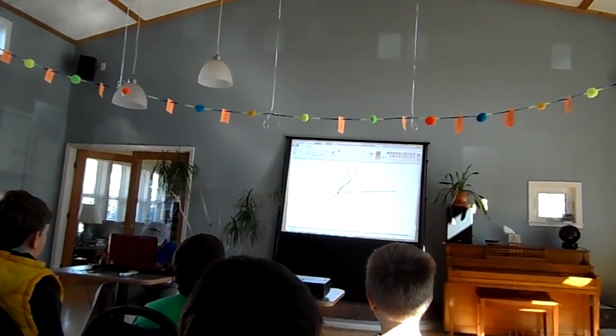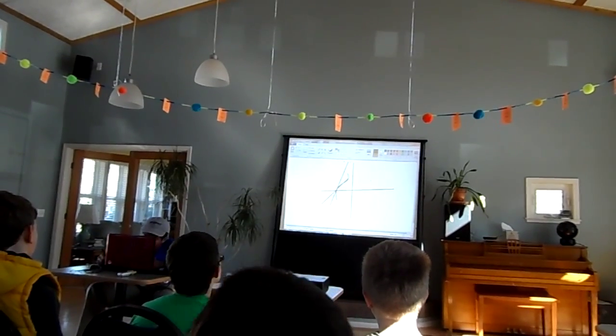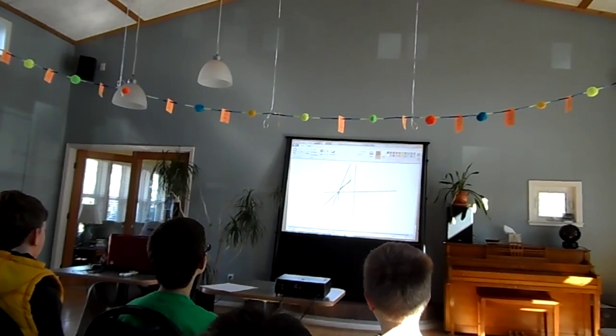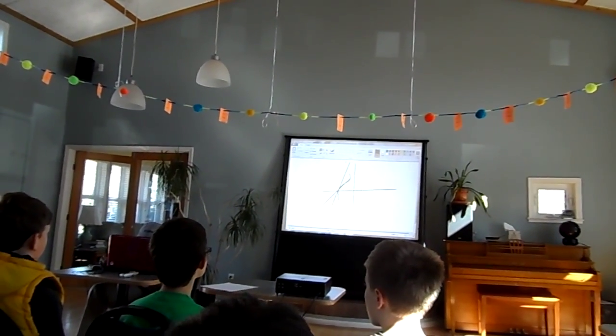You can see, and the slope, let's say this point over here is x equals h. Let's say this is h plus delta h.